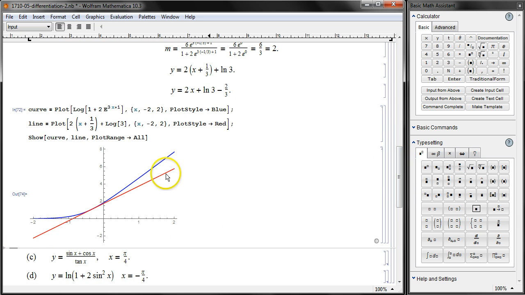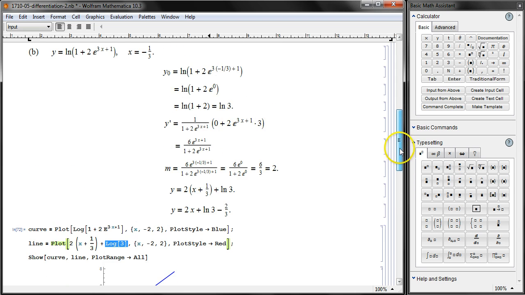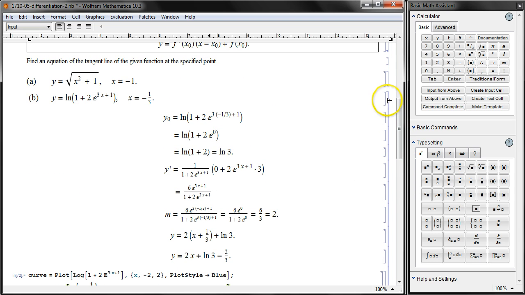Here we go. Slope is 2 and y coordinate of the point is log of 3. At that point, we get this red line. Tangent at negative 1/3. Yeah, more or less visible. This is a computation.